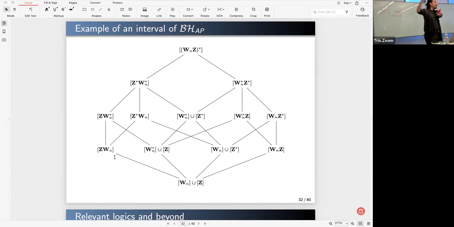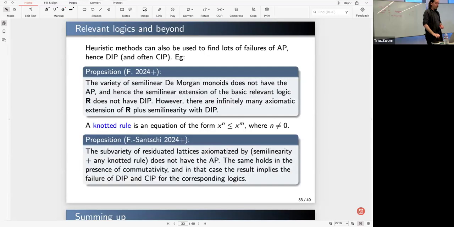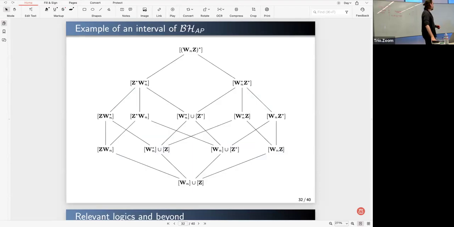There are some finite classes of things like this, and you see the parameter n. N ranges over all of the positive integers. And so for each n, you have some finite number of intervals of this kind. The union of all of these is exactly the poset of varieties that have the amalgamation property. Are there relations between the ones with an n and the ones with a different n?